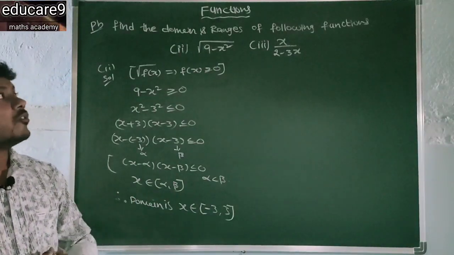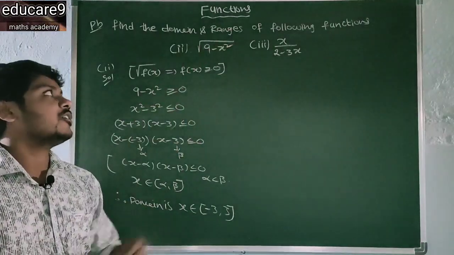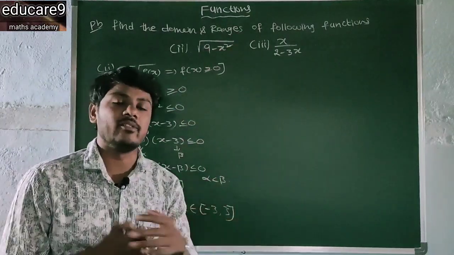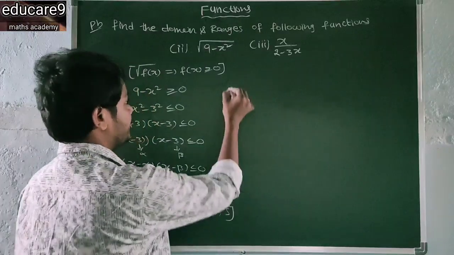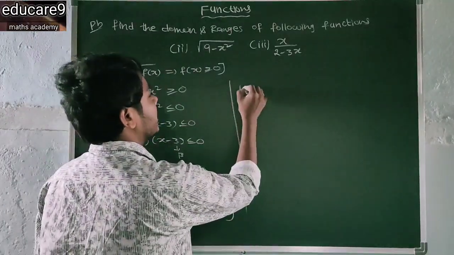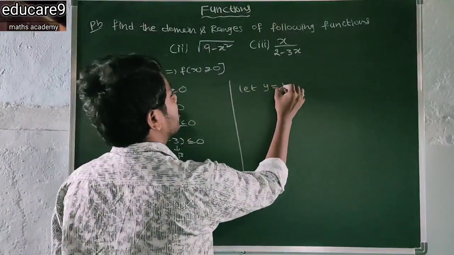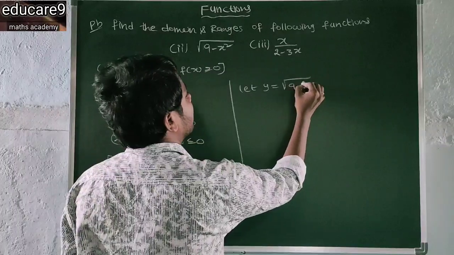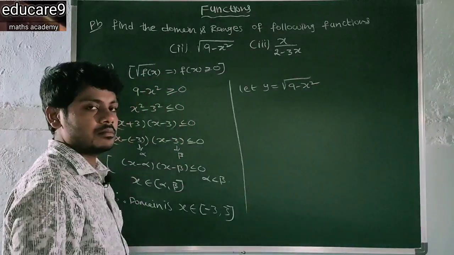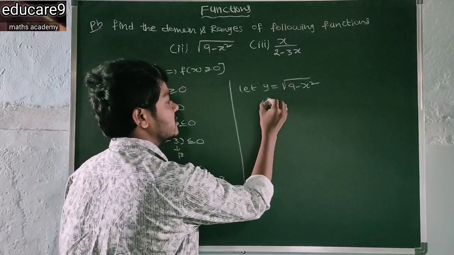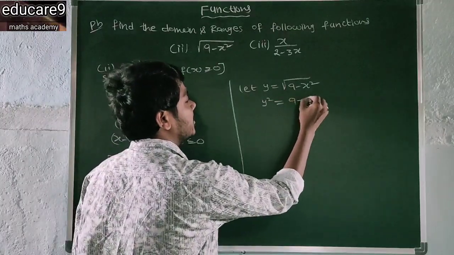And find the range. For finding the range, let the given function be equal to y. So let y equal the square root of 9 minus x square. So y square is equal to 9 minus x square.